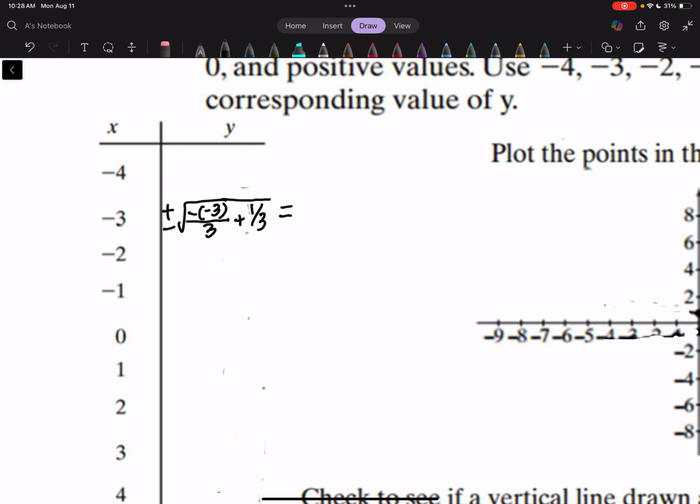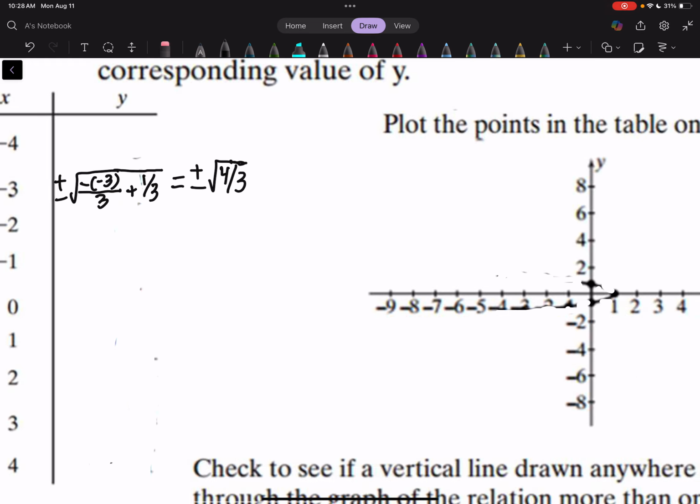This is equal to 3 over 3, 1 plus 1/3, plus minus square root of 4/3. That is as simple as I can get it. Well, I do know this is 1 1/3, so it's a little bit more than 1, plus minus a little bit more than 1.